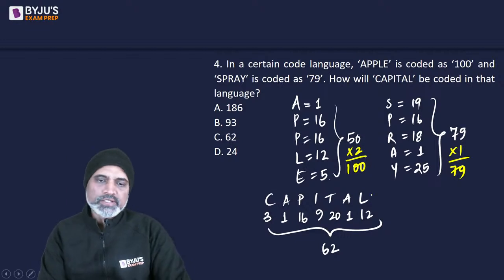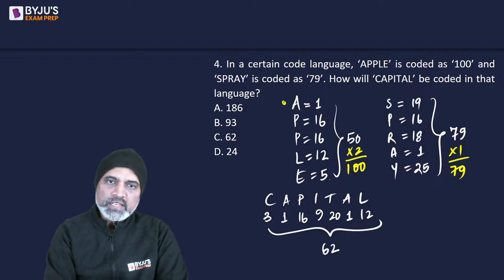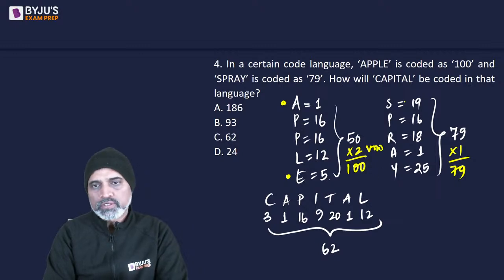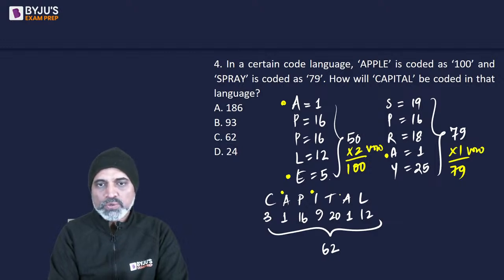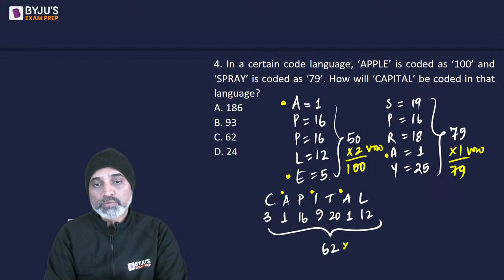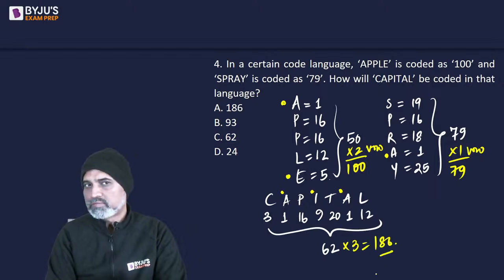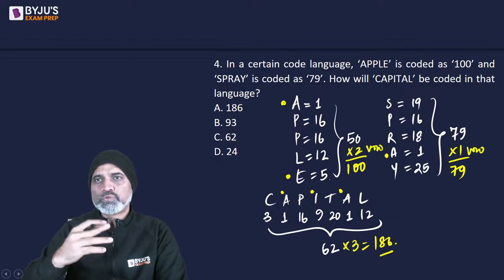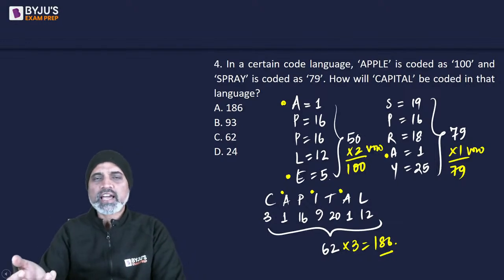Okay, how about this one has got two vowels, so we multiply it with 2. Spray has got one vowel, so we multiply it with 1. Capital has got 1, 2, and 3 vowels, so we should multiply it with 3. 186. Because when it comes to words, vowels and consonants have got precedence.